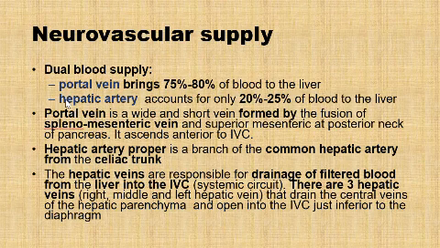It is the inferior mesenteric vein which joins the splenic vein and forms a larger vein called the splenomesenteric vein, and also the superior mesenteric vein at the posterior neck of the pancreas. This is where they meet and form the larger portal vein, which brings a high supply to our liver.